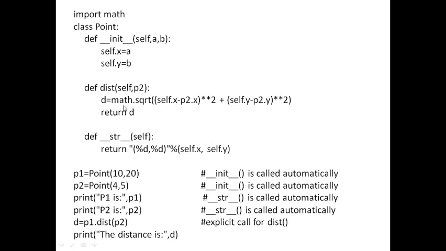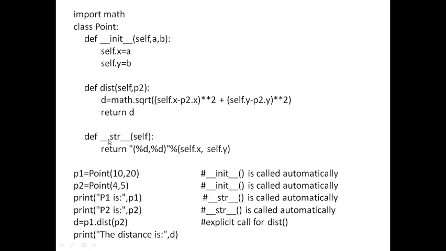We are using the Euclidean method to find the distance between the 2 points: d equals math.sqrt of (self.x minus p2.x) squared plus (self.y minus p2.y) squared. We already have an idea of the 2 stars, which means the square power. So this will return the distance.